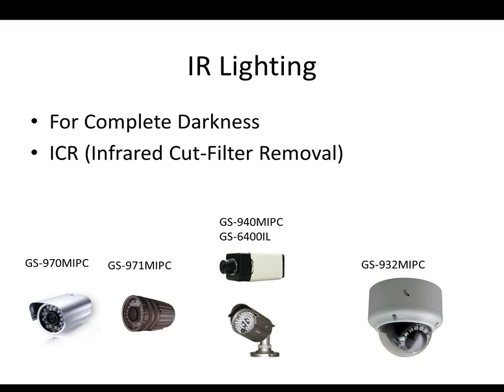Once the filter is removed, it's more sensitive to low light. Also, it gives the camera the ability to pick up IR LEDs. So we can choose a camera with integrated IRs like our bullets or domes, or we can use a box camera, but we would have to use an IR illuminator with it. Or you can use the IR illuminator to help illuminate cameras with integrated IR.